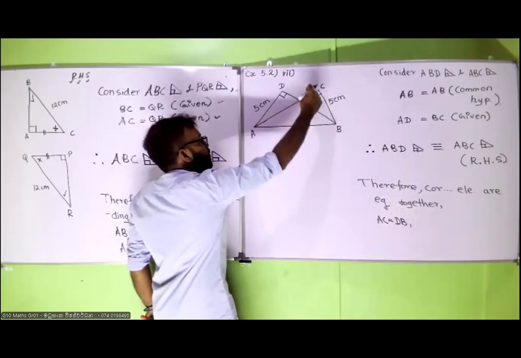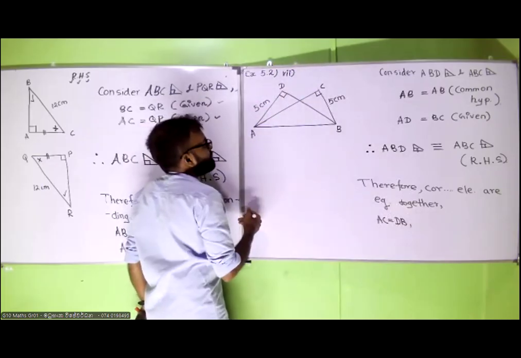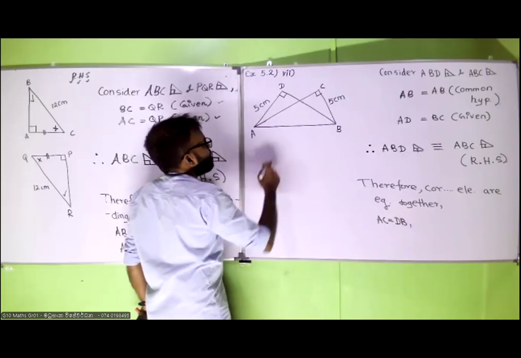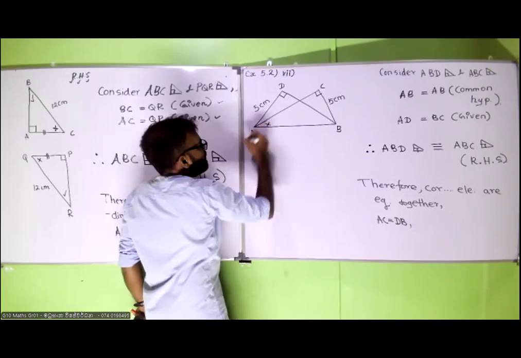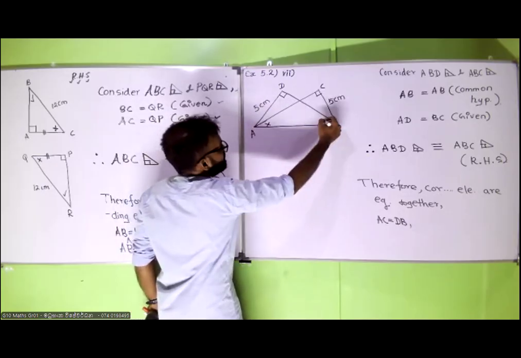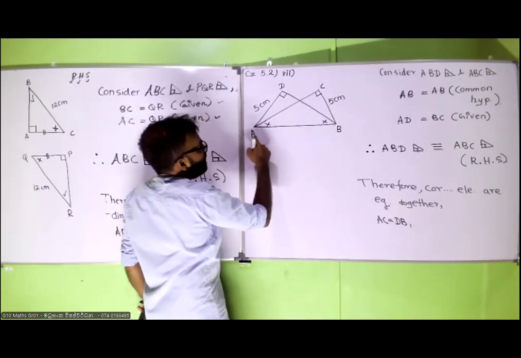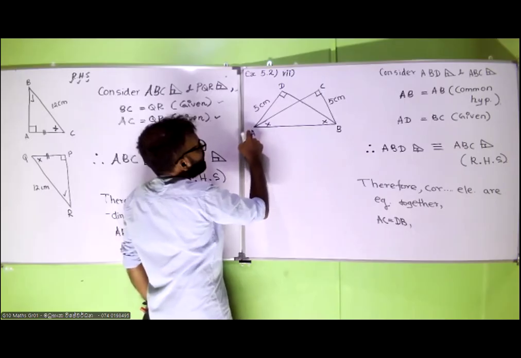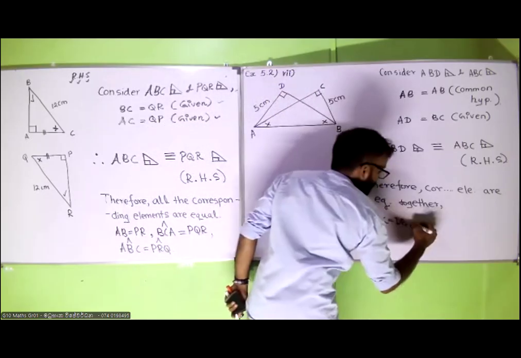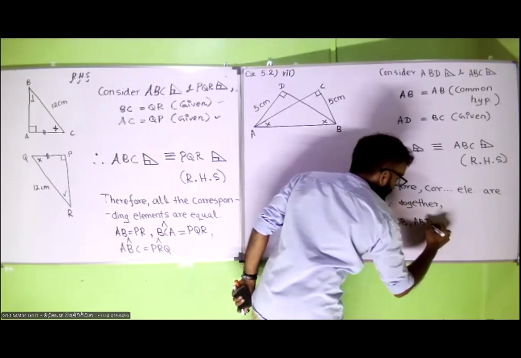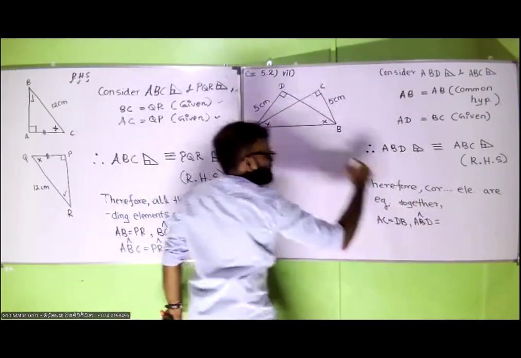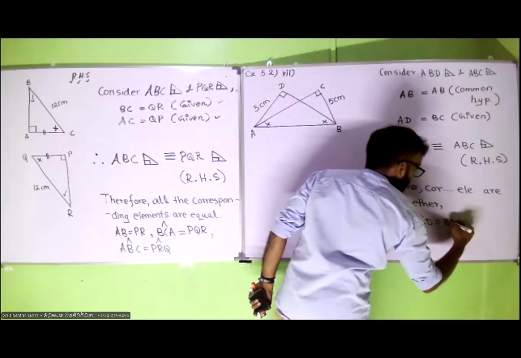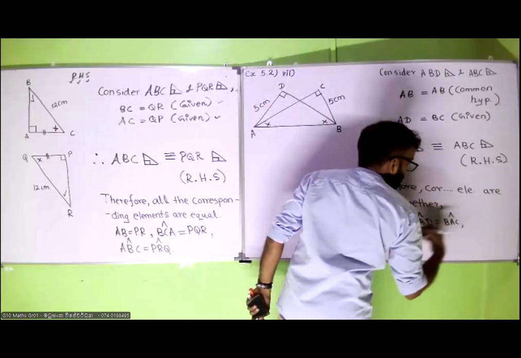Right angle is already equal, 90 degrees and 90 degrees. In front of 5 cm I have this one. So from ADB, angle ABD equals angle BAC.